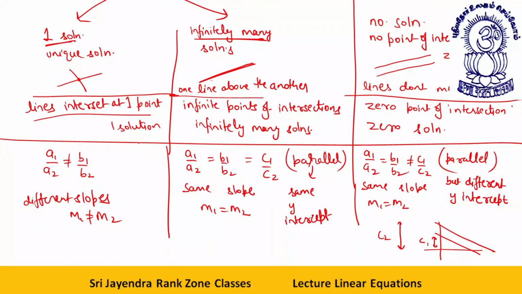What is the reason behind calling the lines of equations consistent or inconsistent? What is zero solution? That is no solution. What is infinitely many solutions? And what is one solution? We have discussed each and every thing.